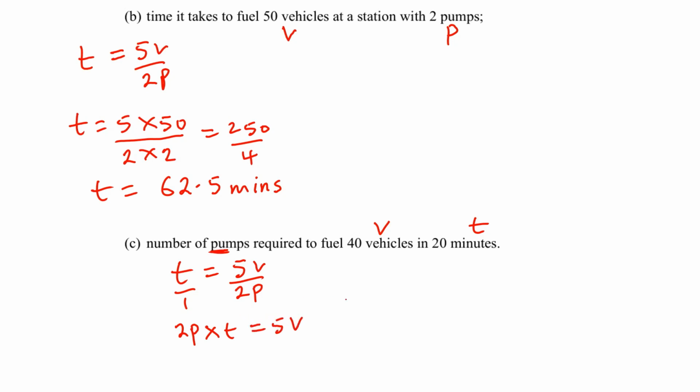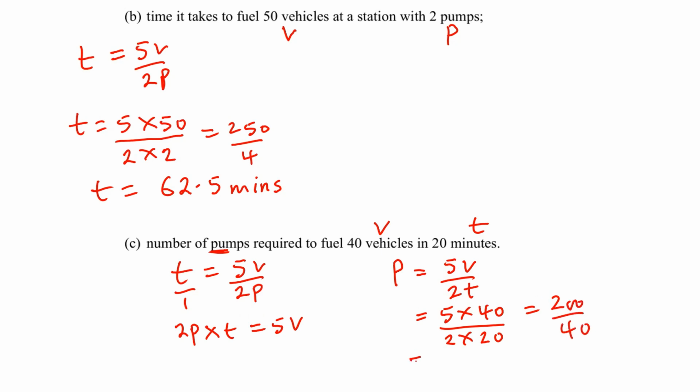So therefore, P equals to 5V divided by 2T. So we have 5 times 40 divided by 2 times 20. So finally, we have 200 over 40. So the number of pumps is 5 pumps. So this is the answer to question 1 in paper 2.